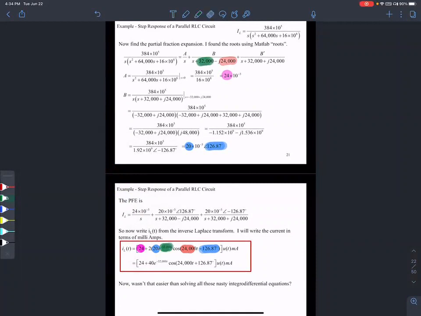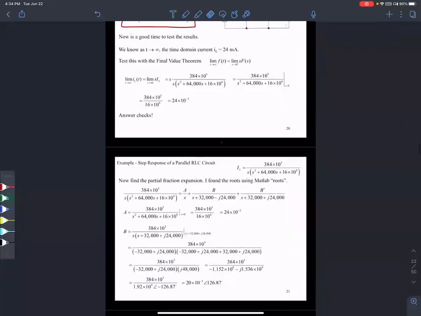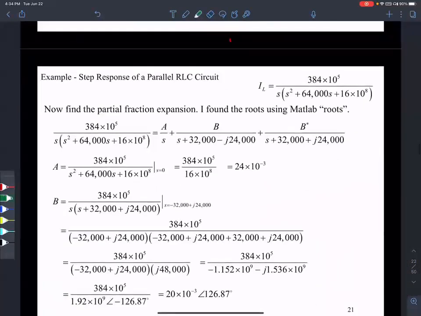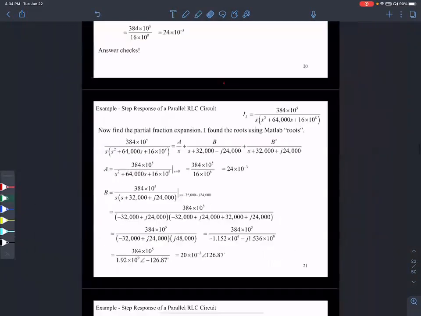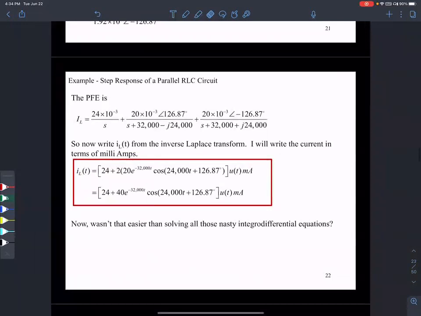So in other words, if you know the roots of this expression and the values A and B, you can simply plug them in and find out the value of the time domain expression.